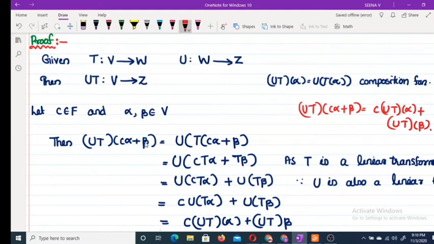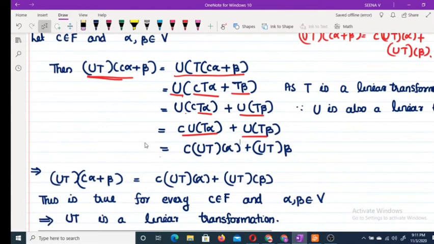Now consider this. Using the definition, this is U of T of (c alpha plus beta). But T is a linear transformation, therefore T of (c alpha plus beta) you can write as c T alpha plus T beta. U is also a linear transformation, so U of (c T alpha plus T beta) equals c into U of T alpha plus U of T beta.